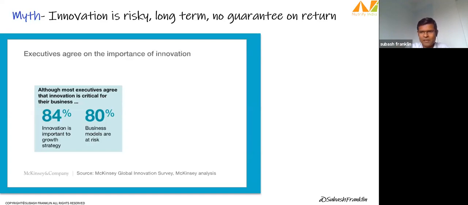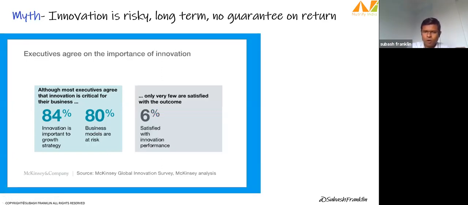In the survey, McKinsey surveyed C-level executives across the globe, and 84% of that audience said that innovation is very, very critical to the growth of the business. The same group also said that 80% of business models are currently under risk. But this same audience also told that only 6% of the group is satisfied with innovation performance.